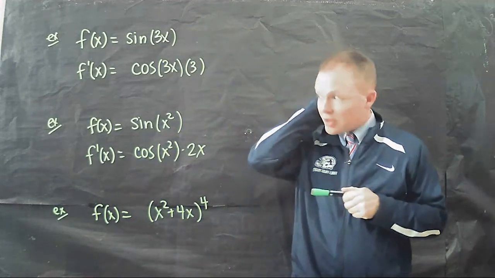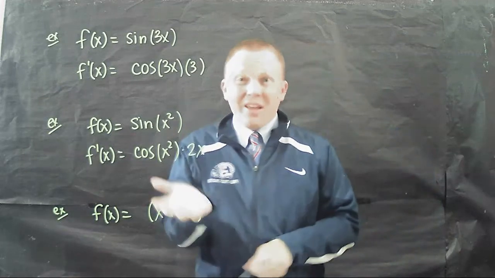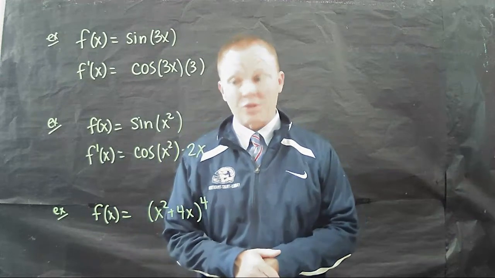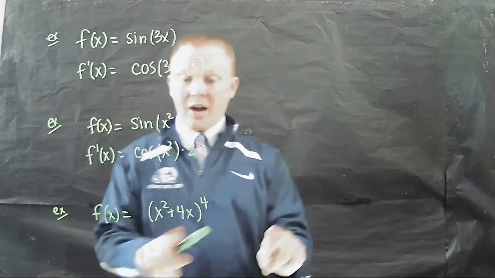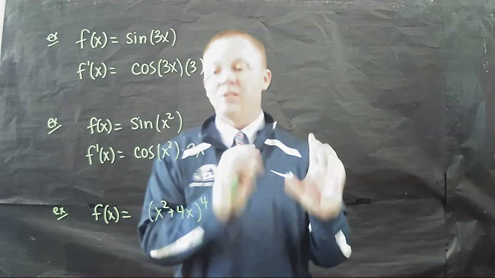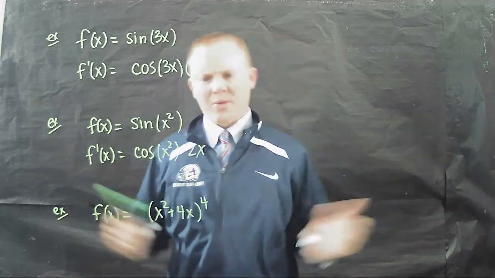Now you could actually at this point in your life take the derivative of this without the chain rule, but it would involve you actually multiplying out these 4 factors, x squared plus 4x times x squared plus 4x times x squared plus 4x times x squared plus 4x. It'd be like a quadruple FOIL job. Nobody wants to do all that algebra.